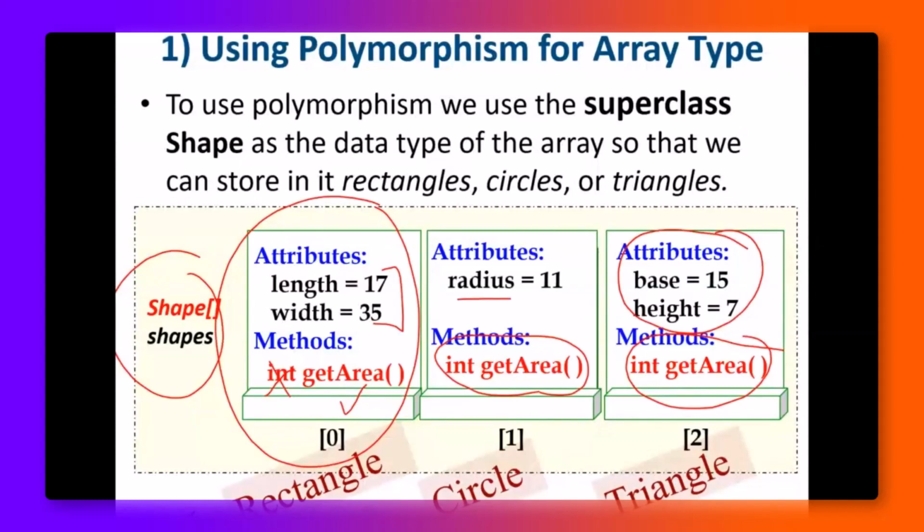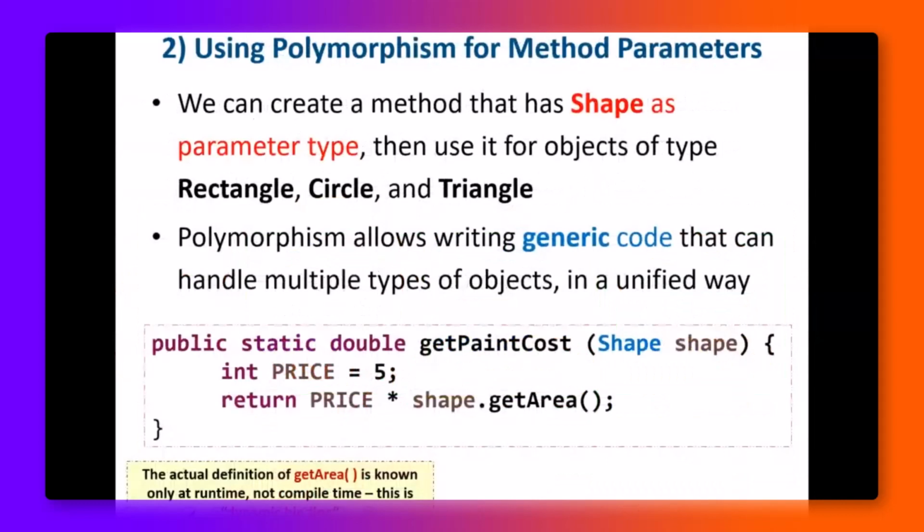So our array is going to be an array of shapes, or an array list, and inside it, we will put subclasses of that superclass. This is going to help us a lot in writing the code. And the code is going to work whether we use it for circle, for triangle, or for any subclass of the shape.